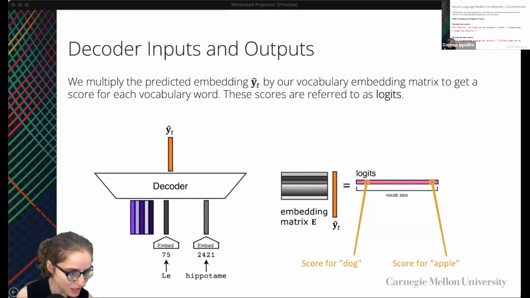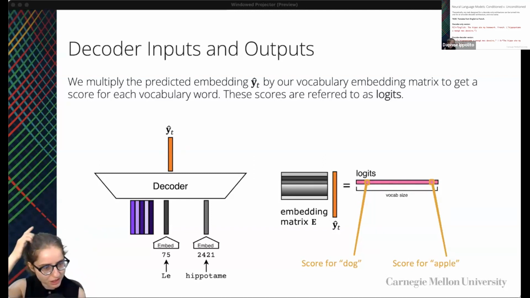How does the embedding matrix relate to a co-occurrence matrix? So the embedding matrix is typically learned. A co-occurrence matrix is something that you can compute that's basically saying how often all of the words in your vocabulary co-occur. How often does the word apple co-occur with the word dog?